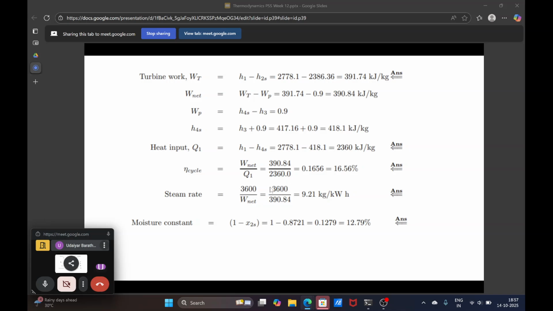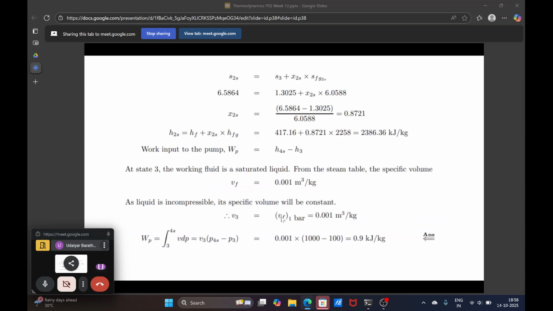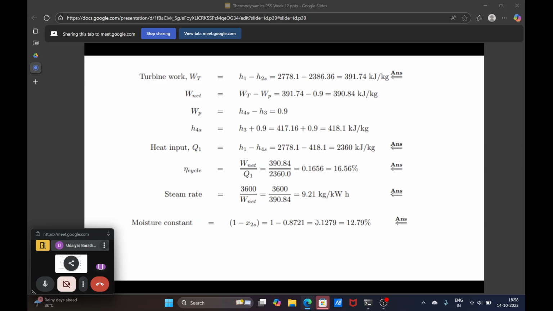So 3600 divided by 390.84 gives you 9.21 kilograms per kilowatt hour. That is the steam rate. The moisture content in the steam at exit is 1 minus X2S, so that is 12.79%.